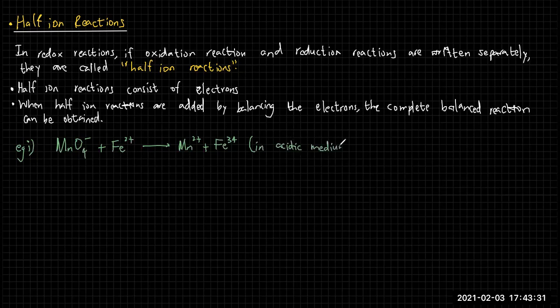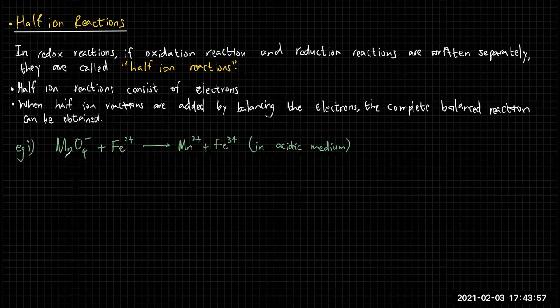Now you have to write 3 steps. First step is the oxidation half ion reaction. Second step is the reduction half ion reaction. You can write the reduction first, oxidation second, it's up to you. And finally you have to write the complete balanced reaction. That's the task. First and foremost, you have to identify the species undergoing oxidation and reduction.